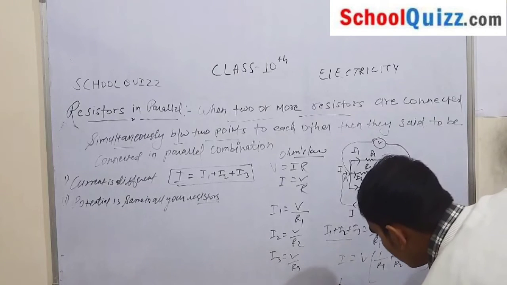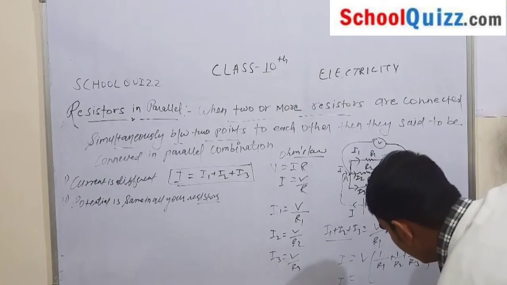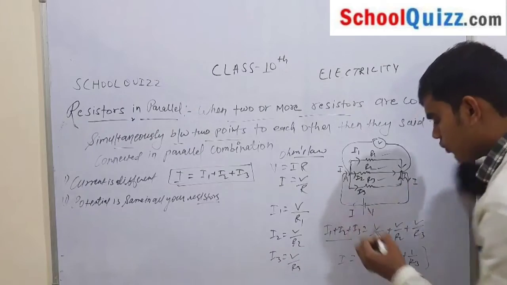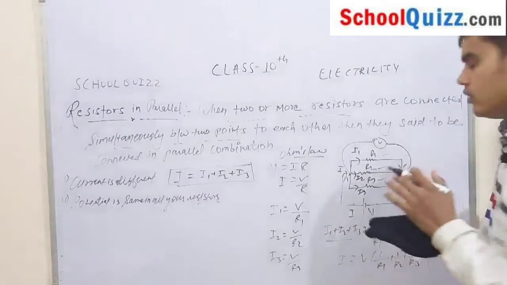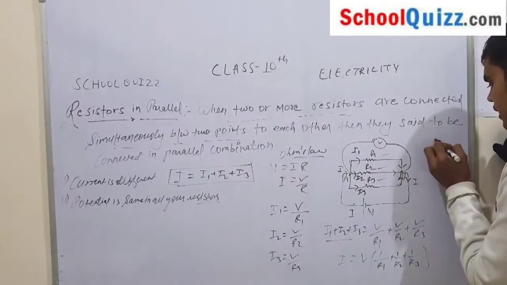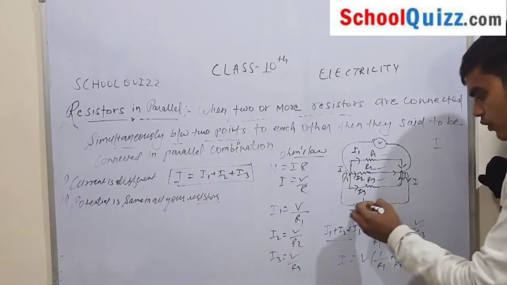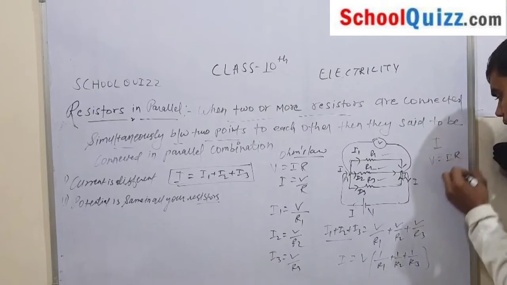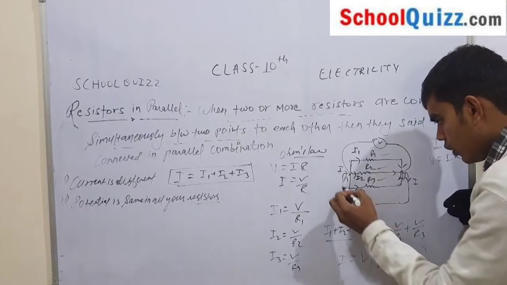Now this I is the current flowing in the circuit, and according to Ohm's law V is equal to IR.